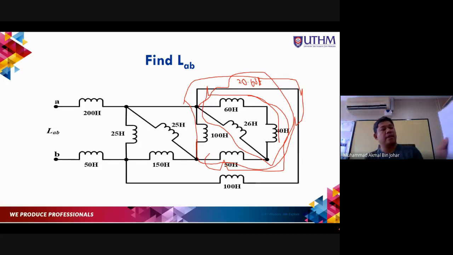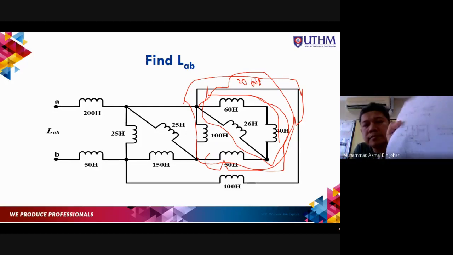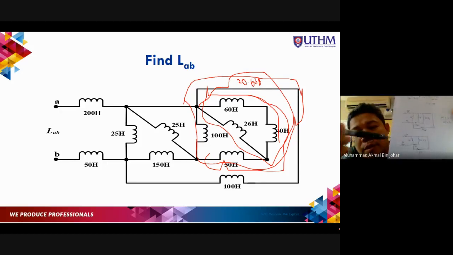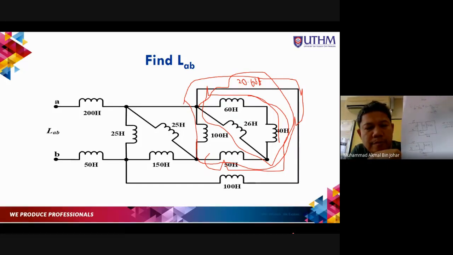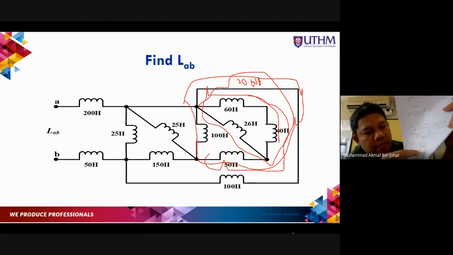So now you can see here, so you can see these two now are in series. Later I will post in the groups how I solve this so that you can, these are in series and parallel to this before it's become parallel to this.